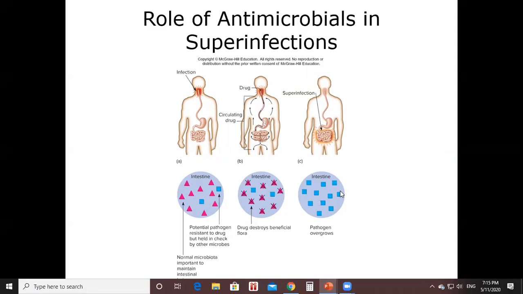These are pathogen overgrowths. After you give an antibiotic to take care of strep throat, before you know it, you have an intestinal disorder, an overgrowth of pathogens that were resistant to that antibiotic, and you can get what they call a superinfection.